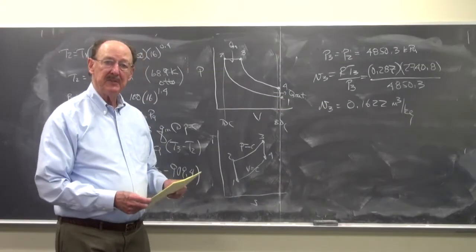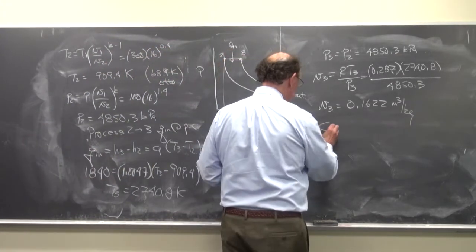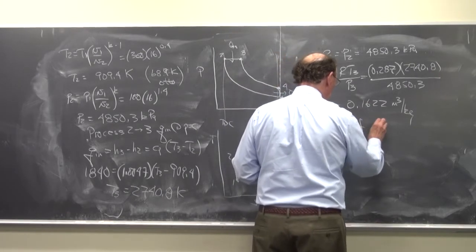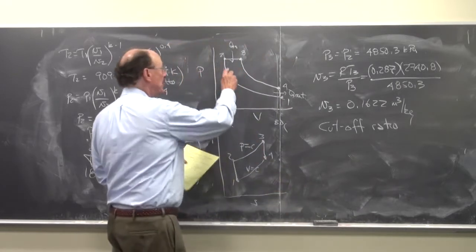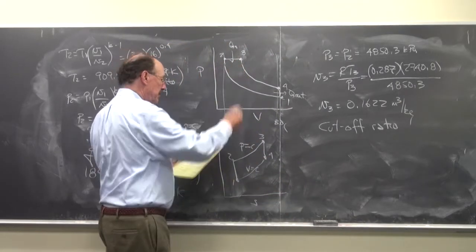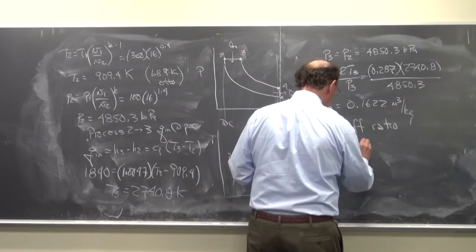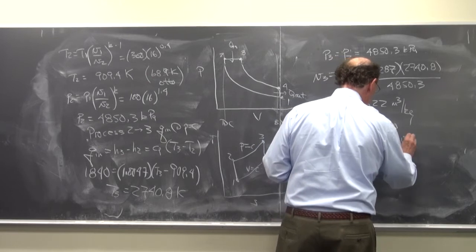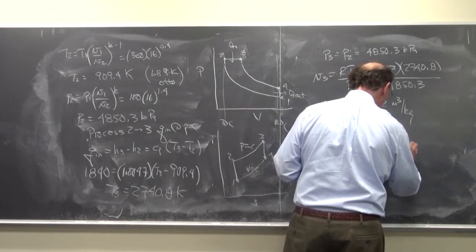There's something called the cutoff ratio that's used in understanding diesel engines. The cutoff ratio has to do with the ratio of these volumes. So the R sub C is V3 over V2, which is specific volume 3 over specific volume 2.